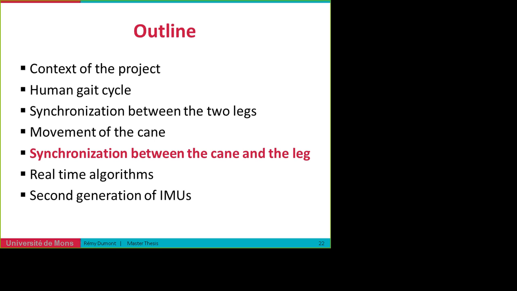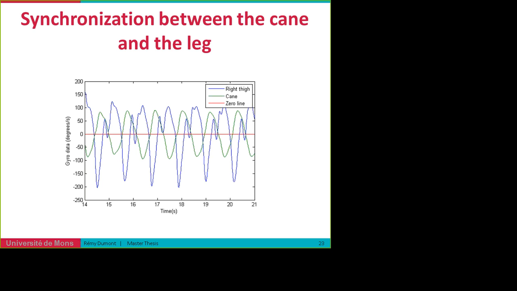So now we are going to study the synchronization that exists between the cane movement and the leg movement. To do that, we have plotted the gyroscopic curve of the cane and the right side. As we can see, the negative velocity of the side seems to be correlated with all the zero crossings of the cane gyroscope.